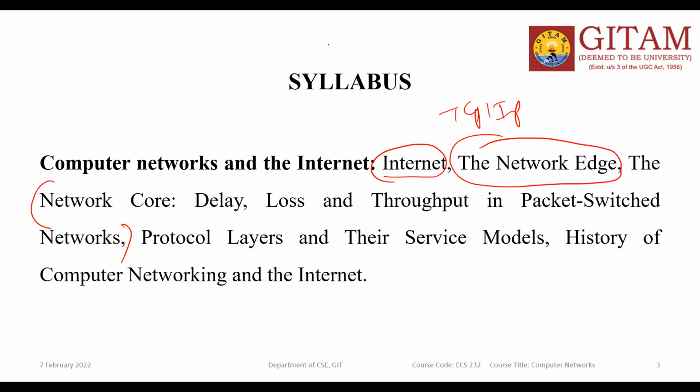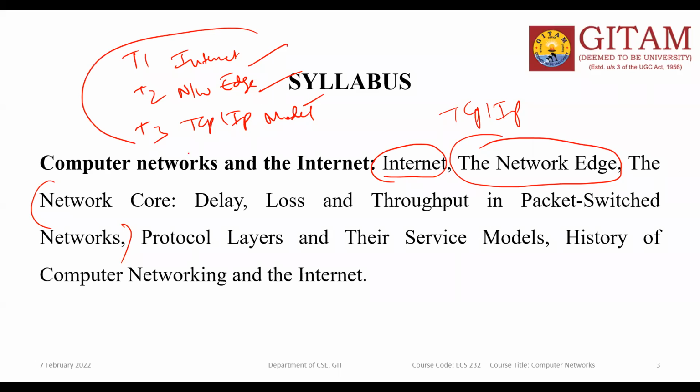So I request all the students, read the contents properly, go to the standard textbook and read what is internet, and write the assignment on paper. I will create the assignments on Moodle. When you get access to that, upload all the assignment topics in that Moodle itself. Assignment topics are: topic 1 is internet, topic 2 is network edge, and topic 3 is TCP/IP model.